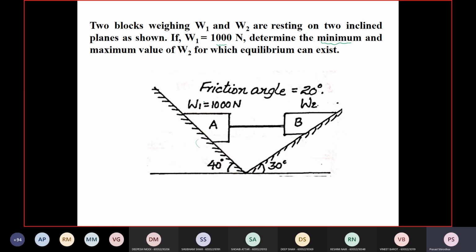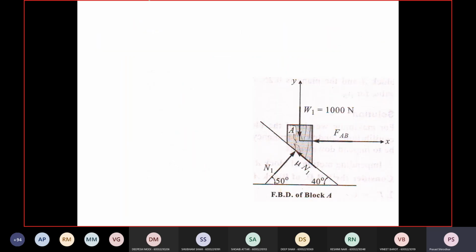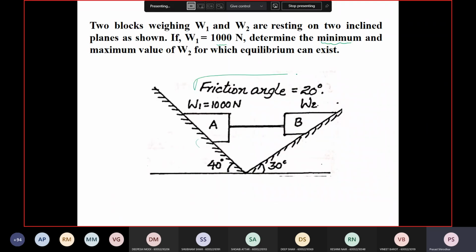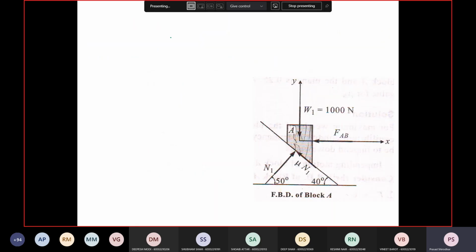So let's start with the minimum weight. Any questions? Nu is constant for both. Okay, friction angle is given as 20 degrees. So let's do the first case. Draw the free body diagram.